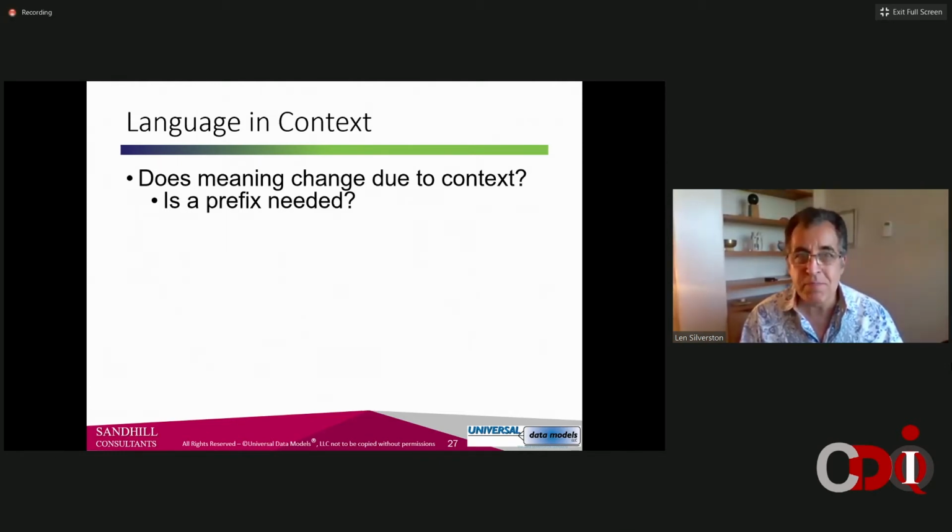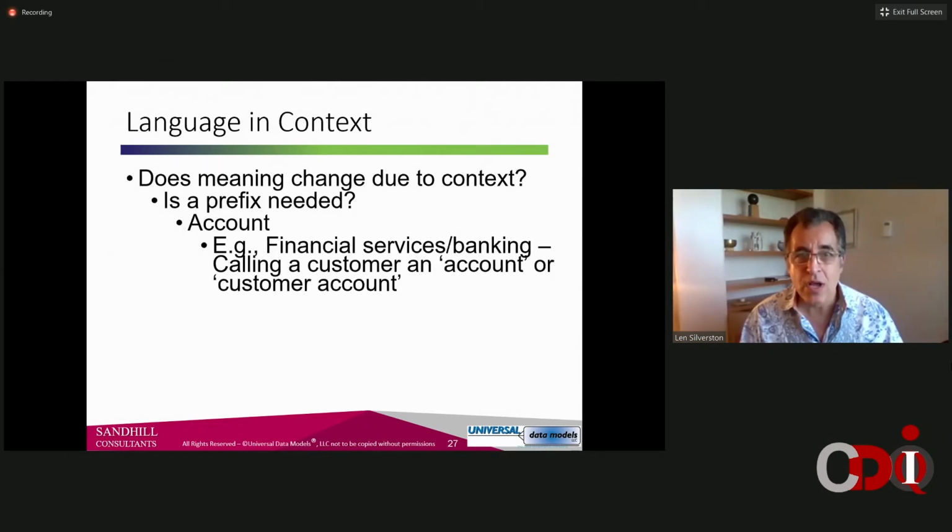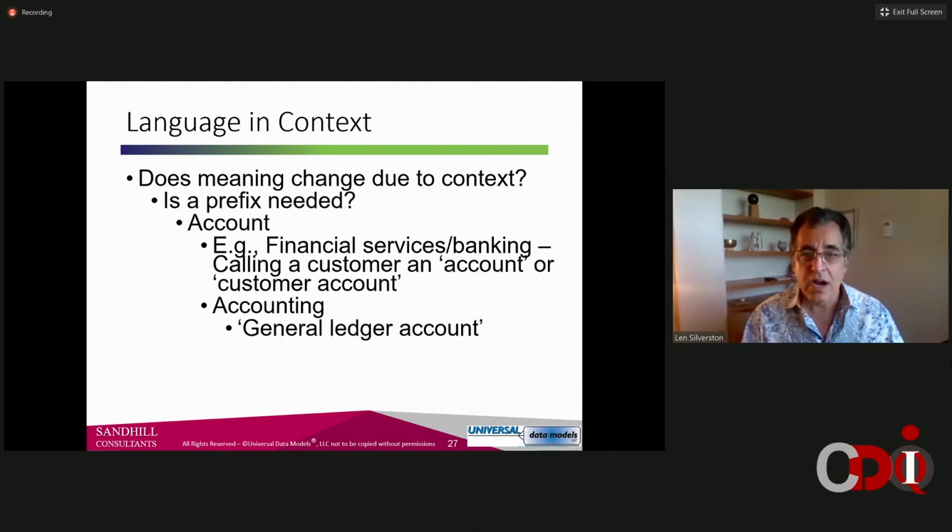An account means many different things, so we need a prefix on it. Rather than say account, you might say there's a customer account, there's a financial services account, there's an accounting transaction. It means something different in accounting than in the customer area. It might be a general ledger account. In many organizations, like for instance in healthcare, we say, oh, here's a plan.